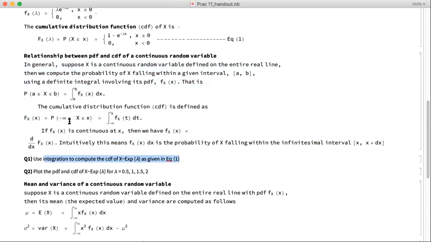Remember the definition of CDF. Can you use this in the exponential case and show that its CDF is 1 minus e to the power minus lambda x?